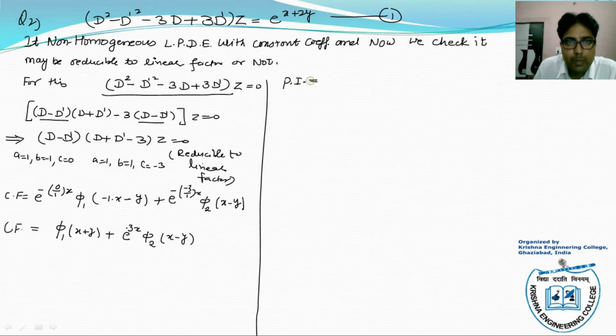PI is 1 upon f(D, D'). That means write the D square. Now take the factor of this. Clear?